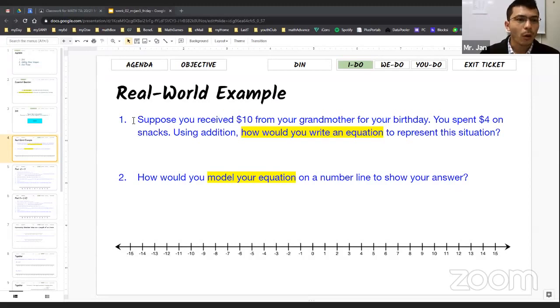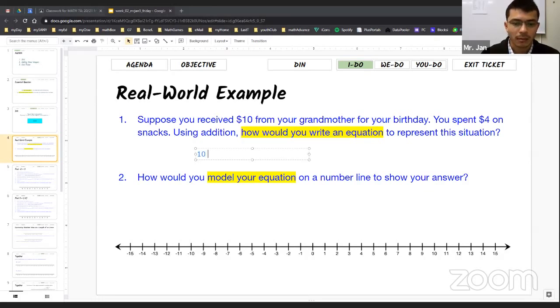So all the time, when you see a word problem, always pay attention to keywords in front of the numbers. Most of the time you will see the verbs or any kind of indication that you can make action with these numbers. So receiving $10 means you're having $10, so it's positive.